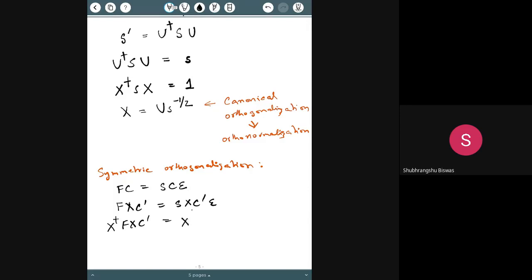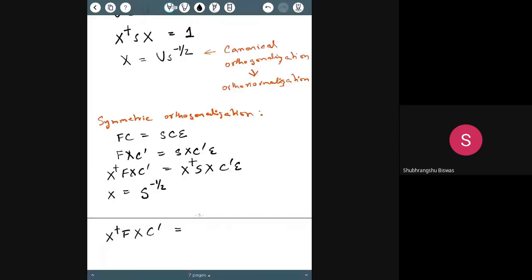These steps are the same. And X is simply the square root of the whole matrix. So then you would get X dagger F X C prime equal to s to the power minus half s to the power minus half C prime epsilon. That would become a unit matrix.